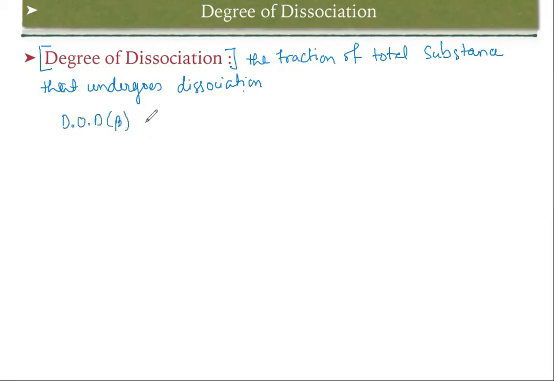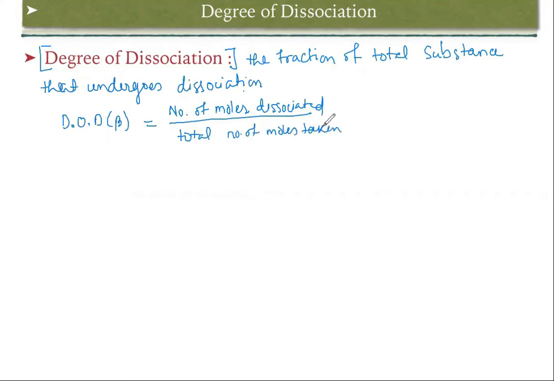That is defined as the number of moles dissociated divided by the total number of moles taken. For degree of dissociation, the i value is more than 1. The van't Hoff factor is more than 1.